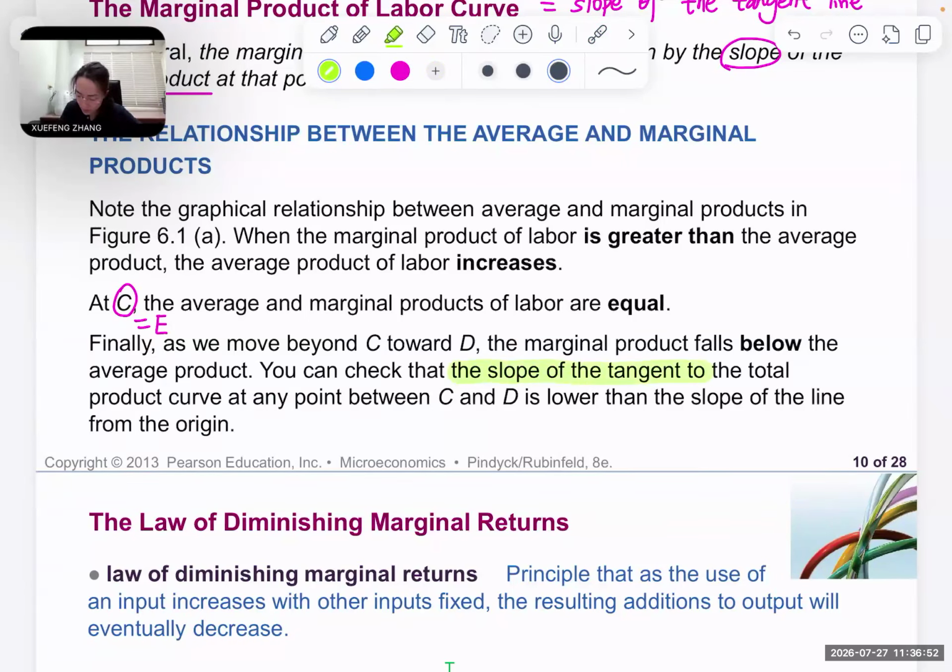The slope of the tangent to the total product curve means MP, right? This is MP. And then the slope of the line from the origin is AP.